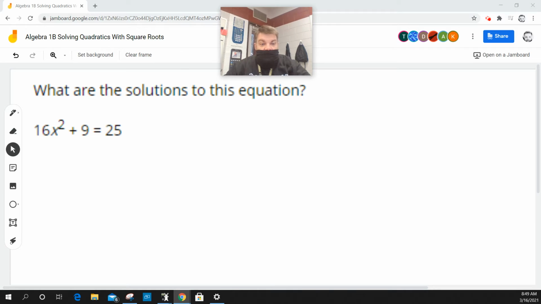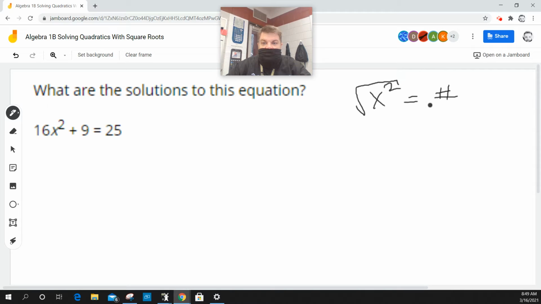Okay, so for this one, basically what we're going to end up doing when we go to do these problems is we're going to get something squared on one side of the equation and then a number on this side.